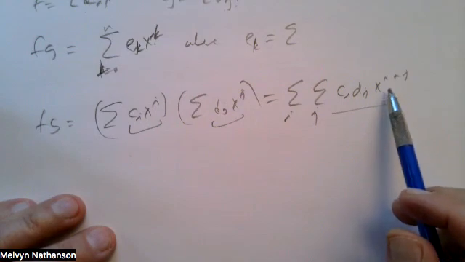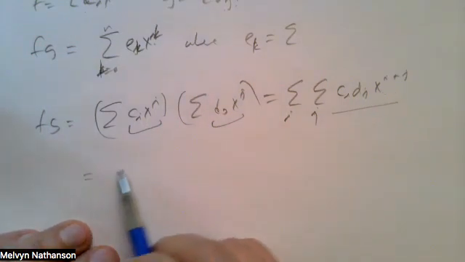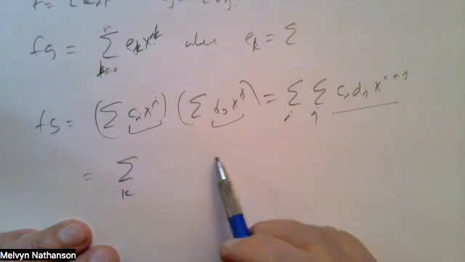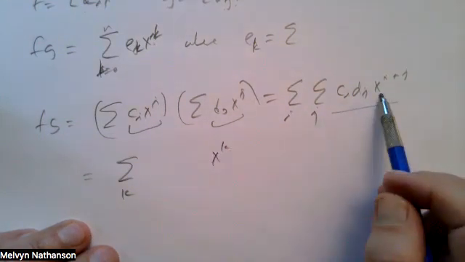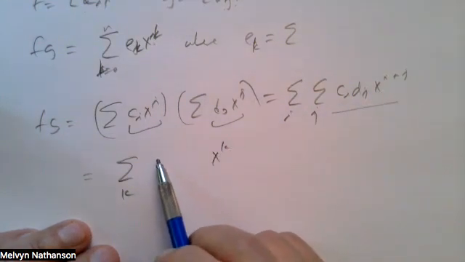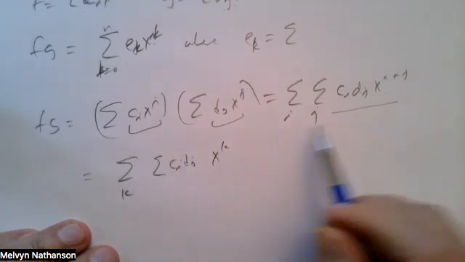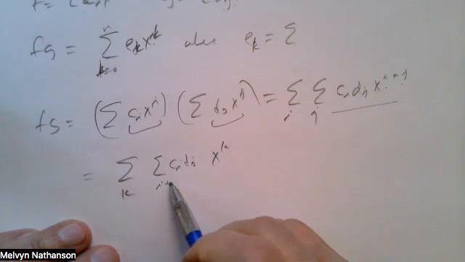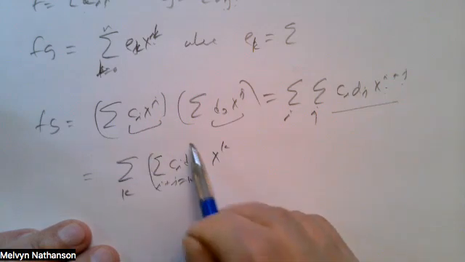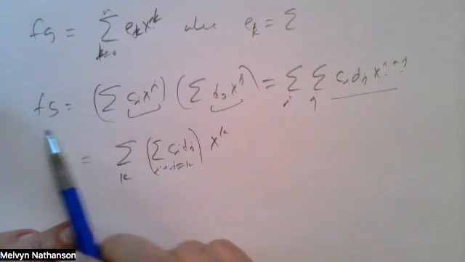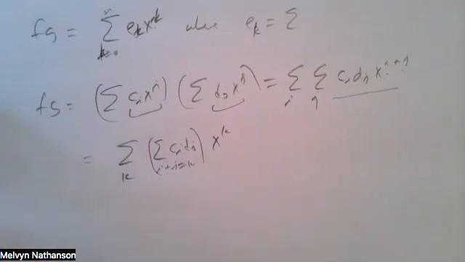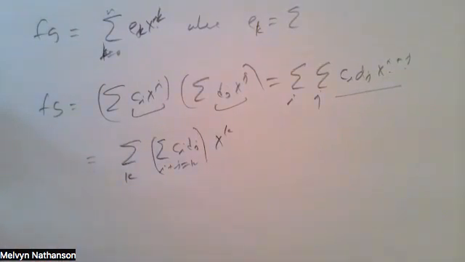And what is the coefficient of x to the k? So this is a summation over k of something times x to the k. And what you get is the summation of c_i d_j where i plus j adds up to k. That's fg, right? That's how you multiply polynomials.